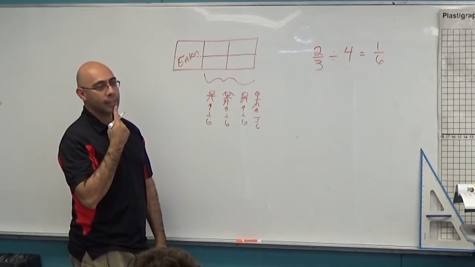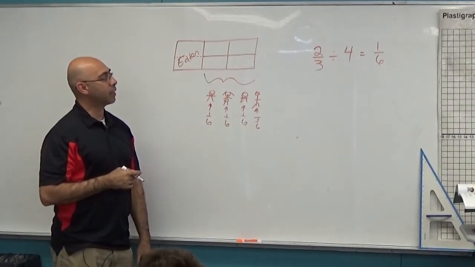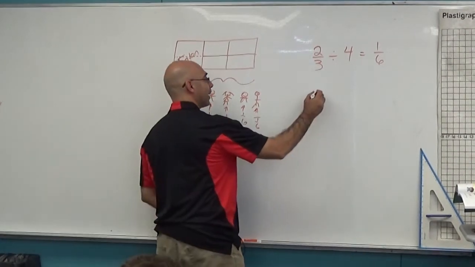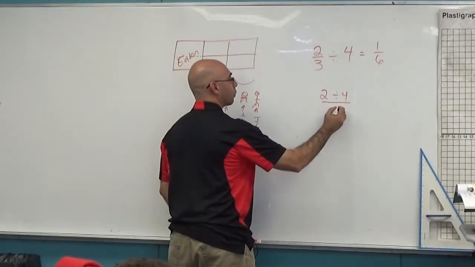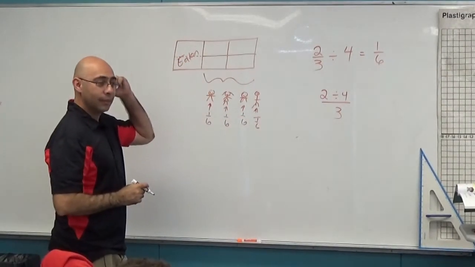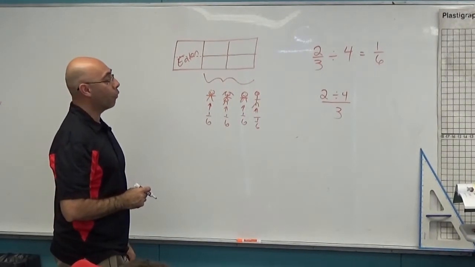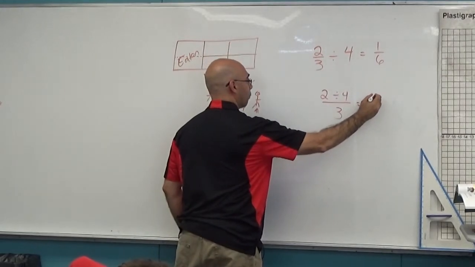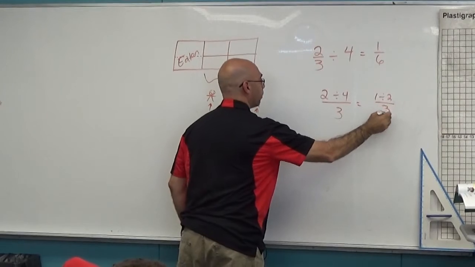Now, I look at this, and I'm going to mess with the numbers. I say to myself, you know what, if I were to look at this, it's like saying 2 divided by 4 is on top with the 3 on the bottom. Now, 2 divided by 4 is 1/2, which is just 1 divided by 2, divided by 3.